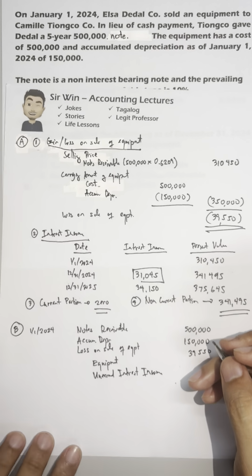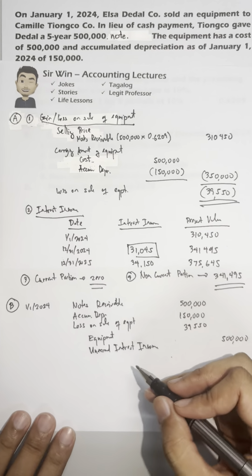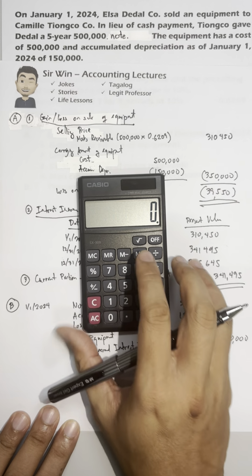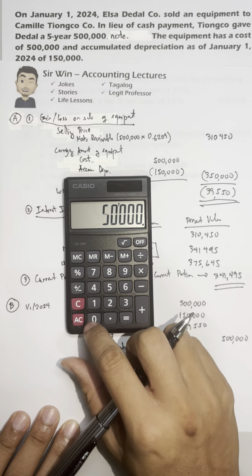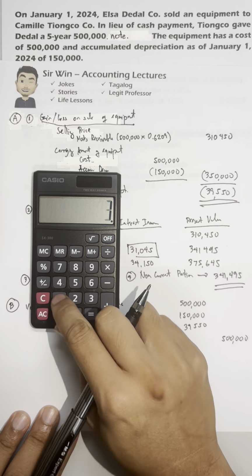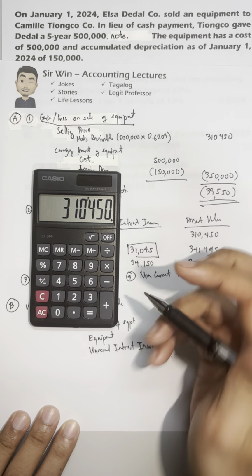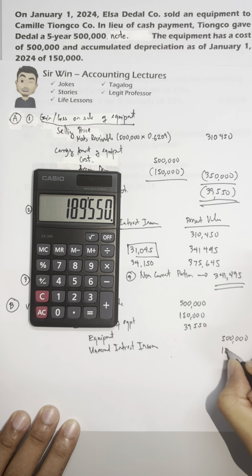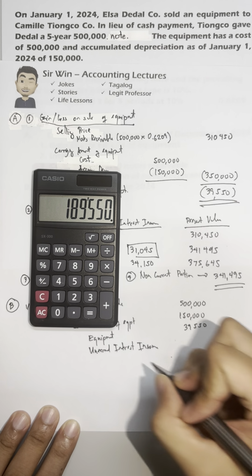Kasi nga hindi tayo naniniwala na walang interest. Palaging meron. Ang tanong ay magkano? Okay? Di ba ang note mo talaga 500,000? Ayan yung face amount. Pero ang totoong value niya, di ba itong 310,450. So ibig sabihin, magkano yung interest na nasa loob? Okay? 189,550. Yan yung unearned interest income.